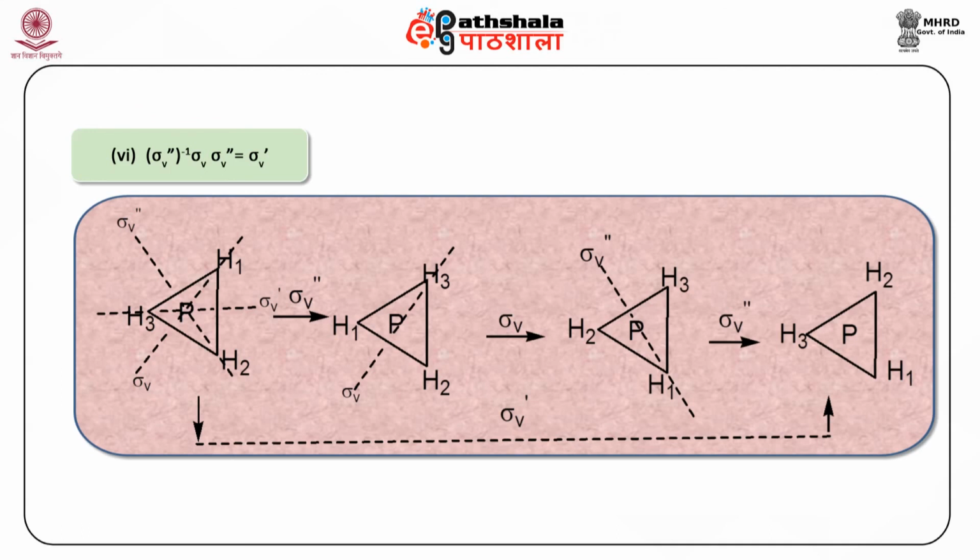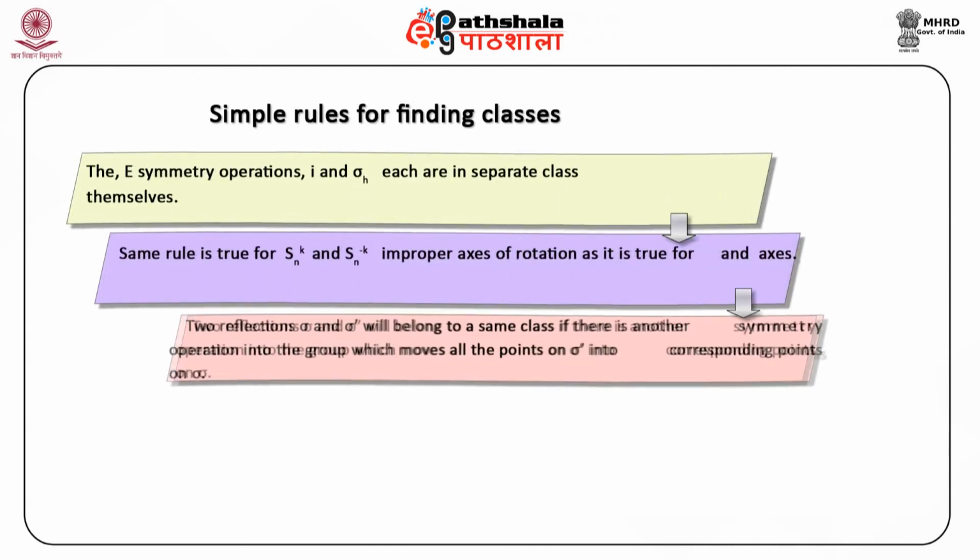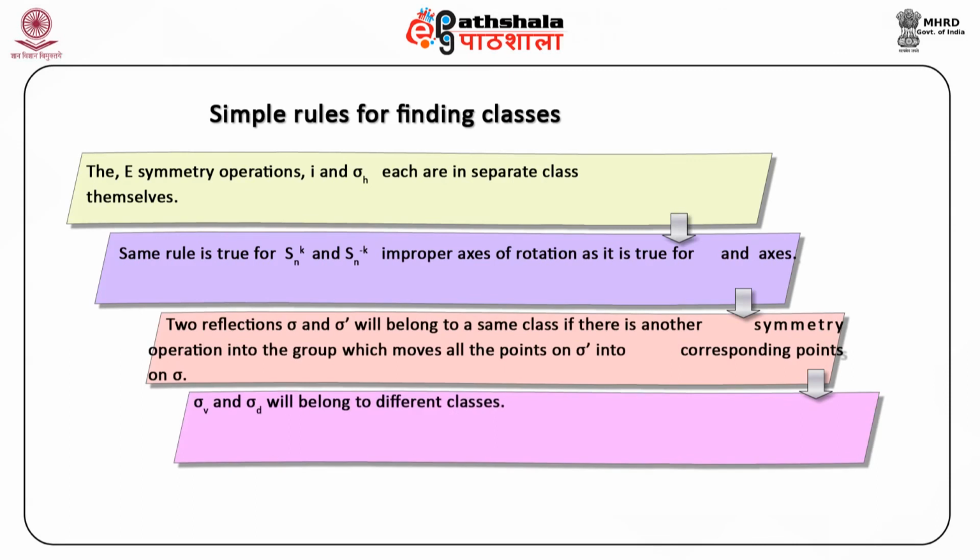C31, C32, E of order 3. These are some simple rules for finding classes. The simplest way of arranging the symmetry operations into classes is to arrange them into sets of equivalent symmetry operations which have equivalent effects on the molecule.